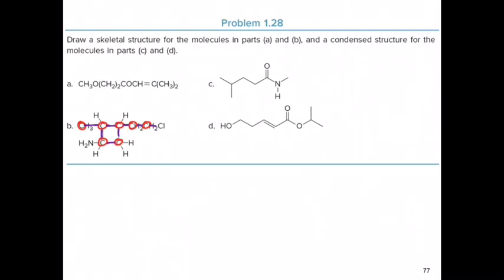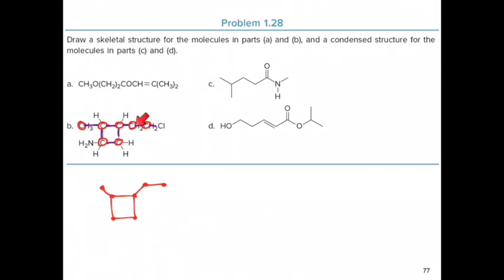So now we can draw in the backbone. So we have 1, 2, 3, and 4. Connect them together. And then we have a CH3 connected to this top left corner carbon. And then 2 carbon atoms attached to this carbon. So we have 1 and 2.